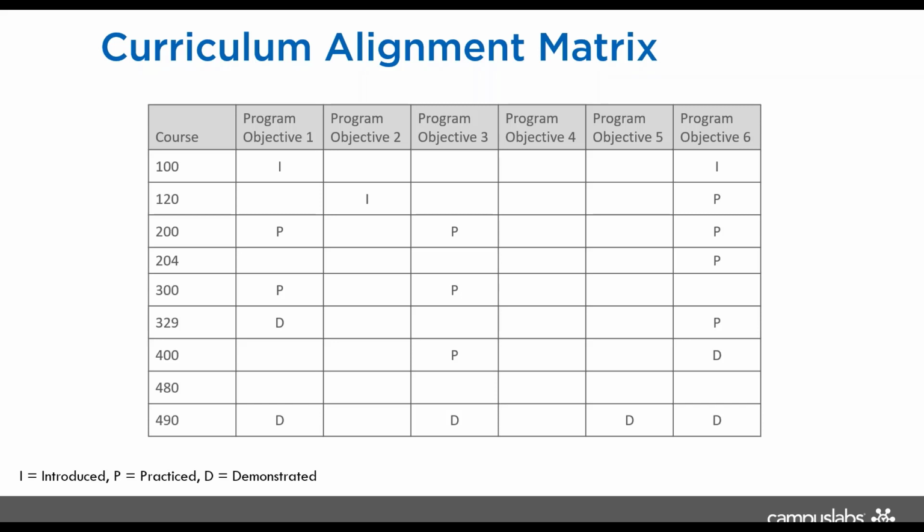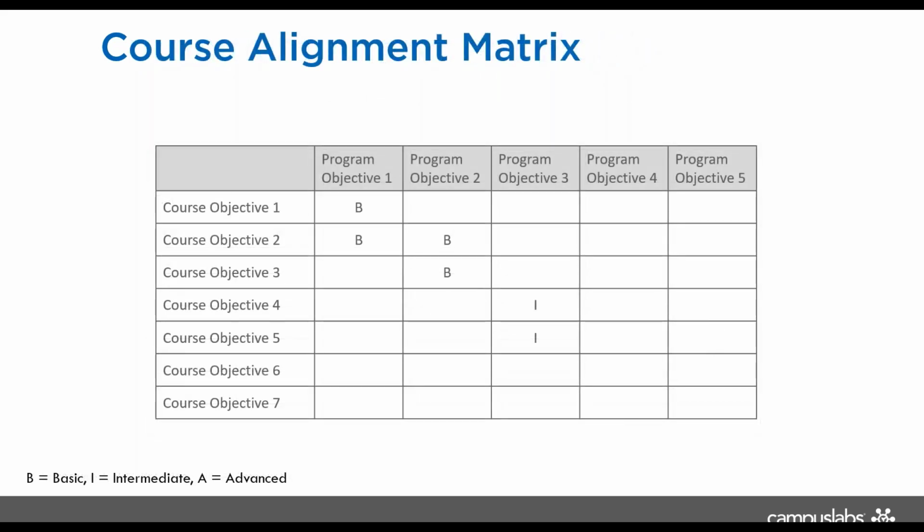Let's take a look at another example. So again, we're looking at course objectives down the side, program objectives along the top. And we can see that we have basic, intermediate, and advanced as our different degrees of learning. So I'm noticing a couple of things.